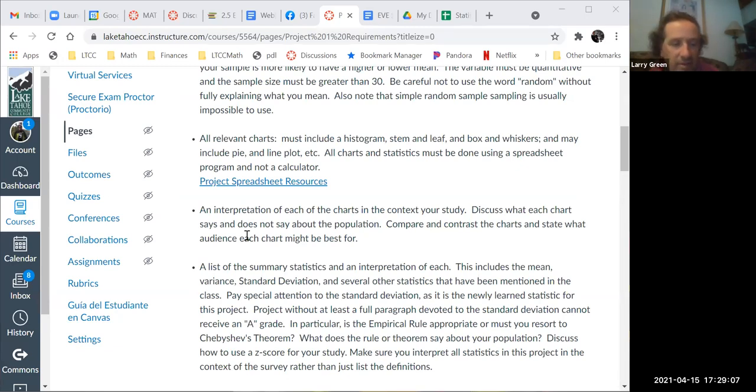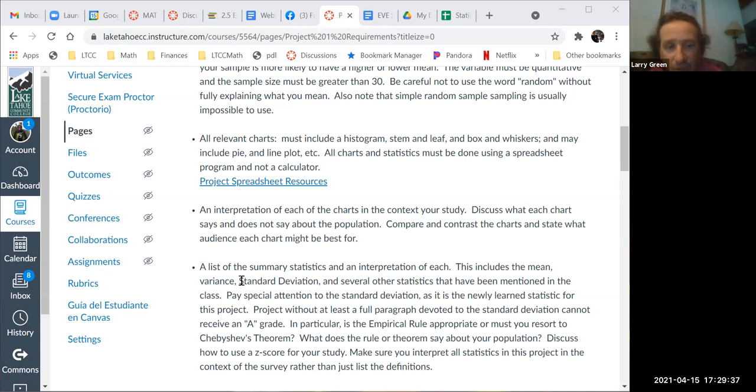So what you're going to do is say, the first quartile was 3.8. So because of that, here's a decision the client might make for the client's business or whatever the client is doing. And you're going to do that for every one of the statistics and for each of the charts. Any questions on that idea?